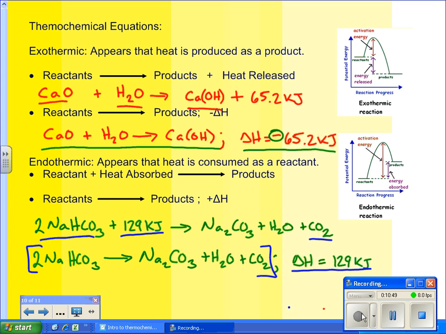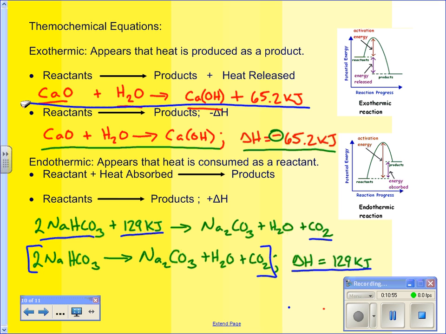Now why this is important is because we can now read a thermochemical equation like before. We can read it as a recipe to predict exactly how much energy is going to be released or exactly how much energy is going to be absorbed. In this case, I would read it as 1 mole of calcium oxide combined with 1 mole of water will produce 1 mole of calcium hydroxide, and 65.2 kilojoules of energy will be released.